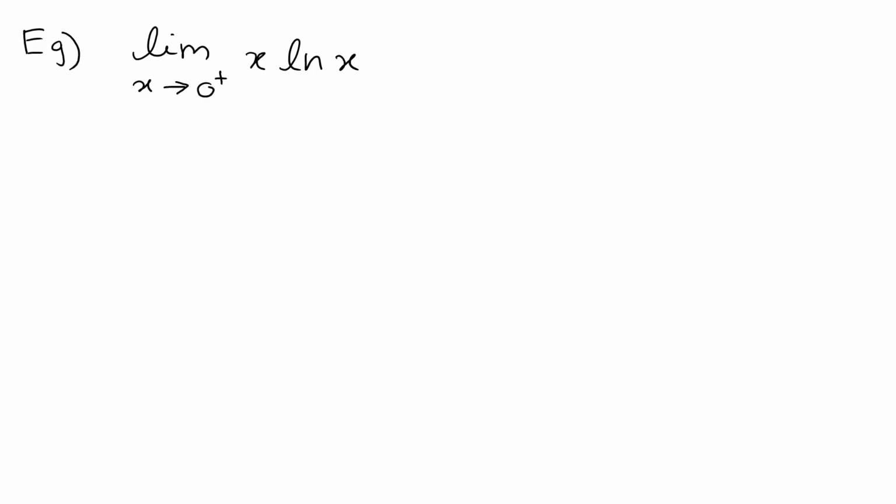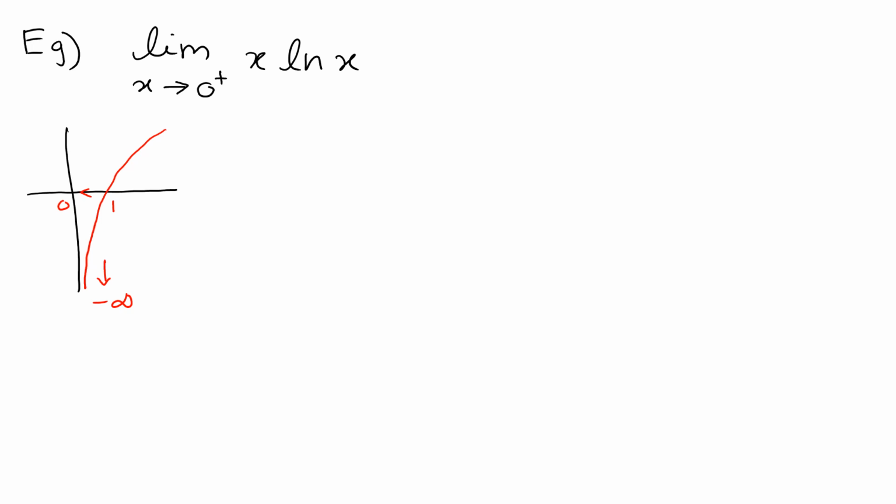As the first problem, we have the limit when x goes to 0 plus of x times ln x. If you look at the graph of the natural log function, you can see that when x goes to 0 from the right, ln x goes to negative infinity.